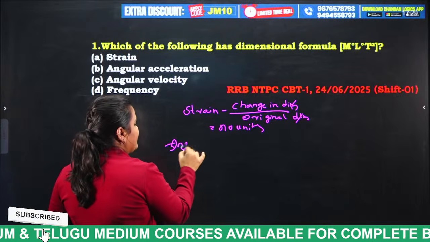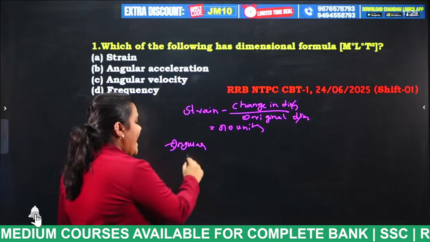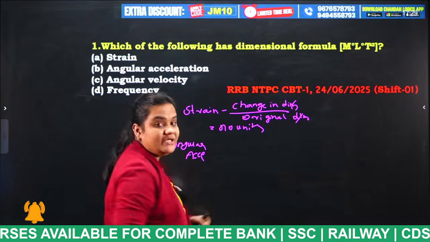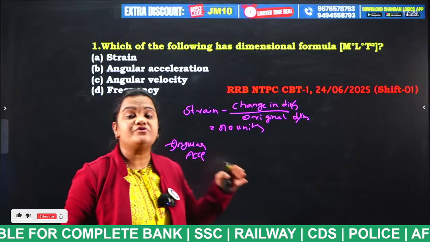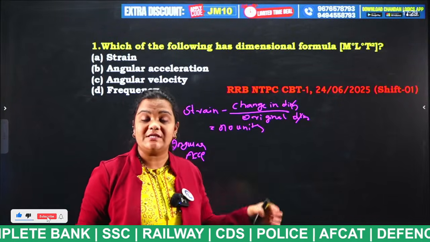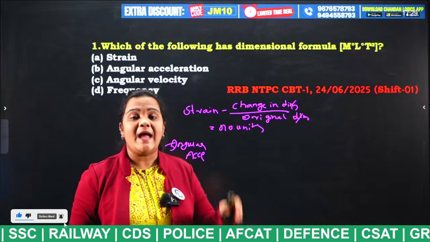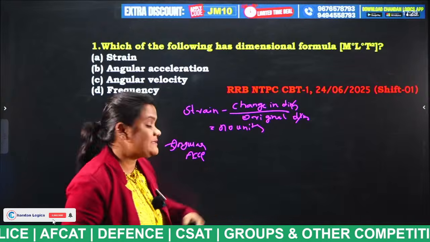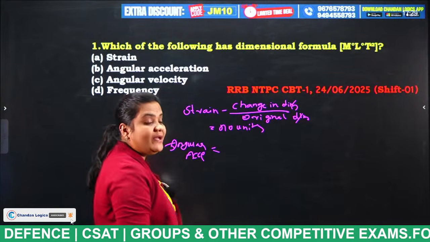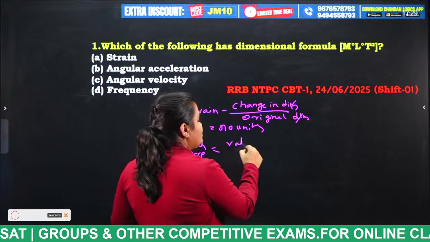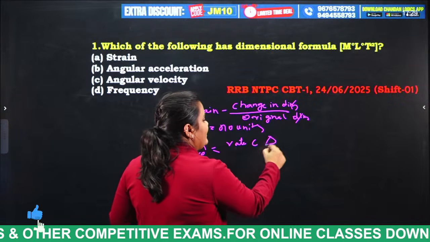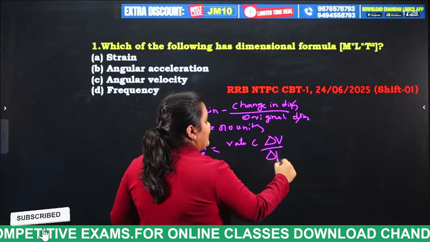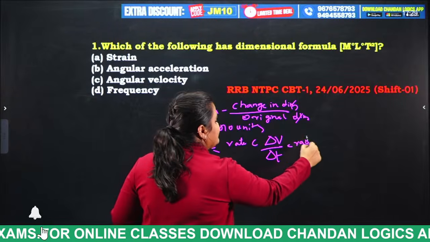In a similar way, angular acceleration. What is the definition of angular acceleration? Angular acceleration is equal to the rate of change of angular velocity over time. And what are the units of angular acceleration, students? Radians per second square.